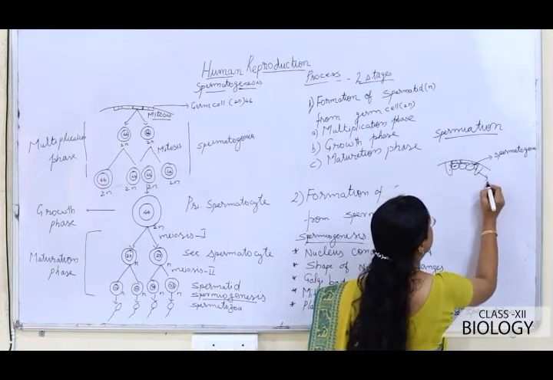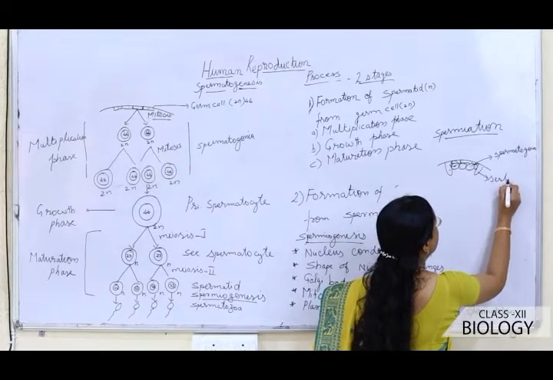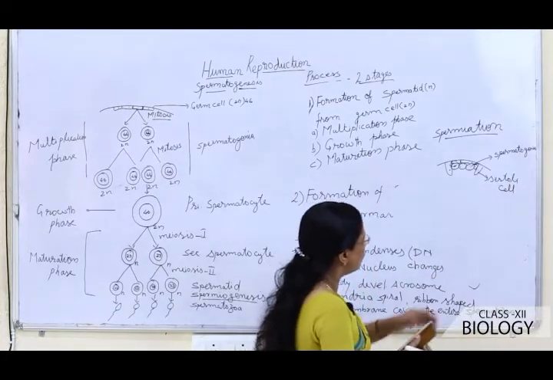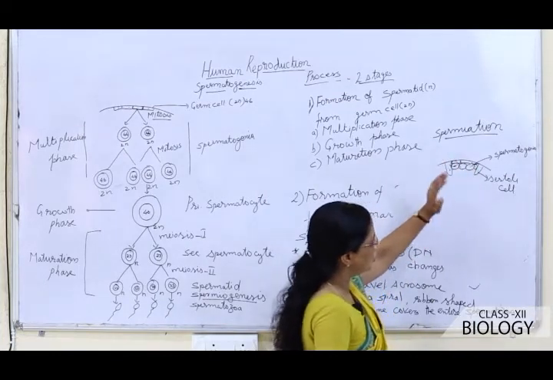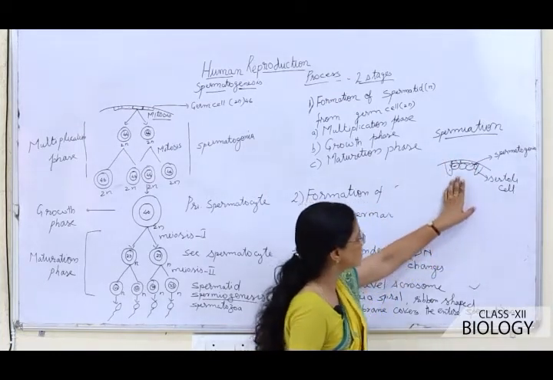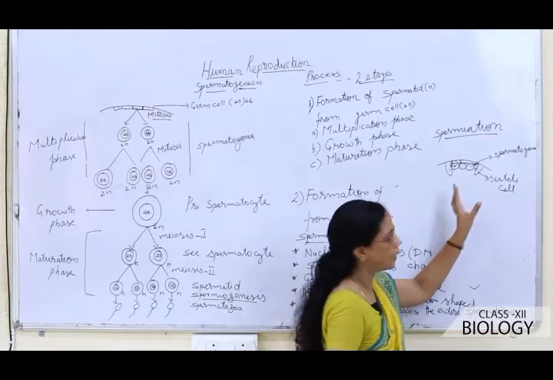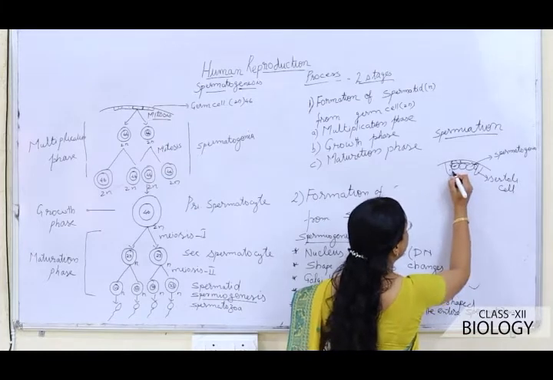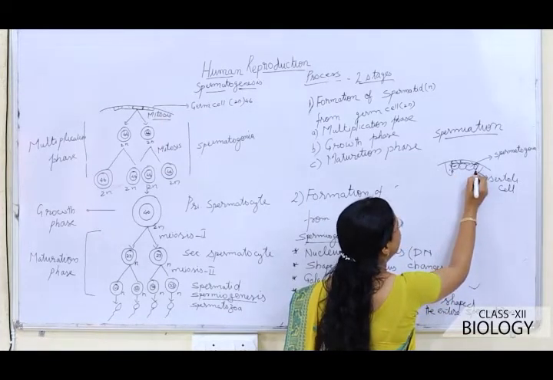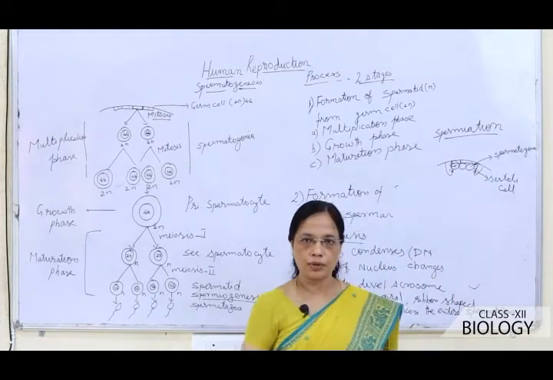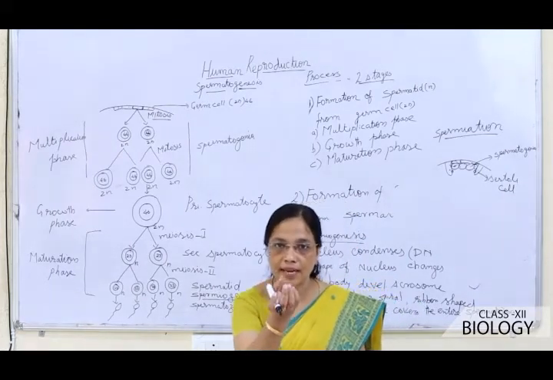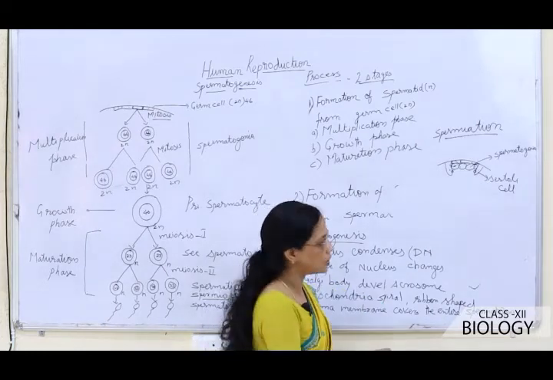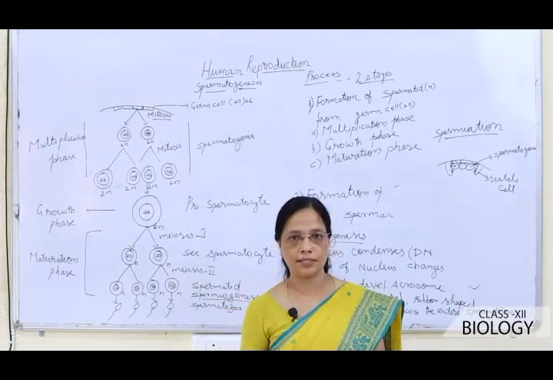And this is the Sertoli cell. Okay. So what happened during the process of spermatogenesis? Some of the spermatogonia get embedded in the Sertoli cell. What do you mean by embedment? Means it gets attached to the Sertoli cells. Why? Because it is taking the nutrition from the Sertoli cells. For that process, it gets embedded with the Sertoli cells.